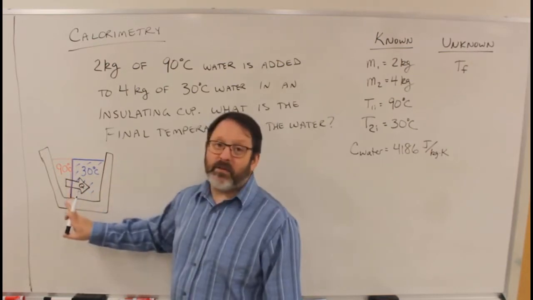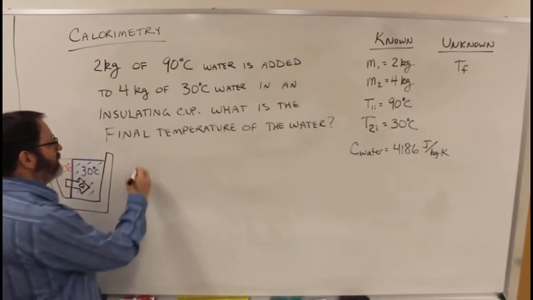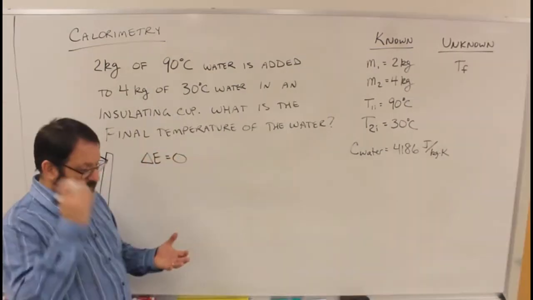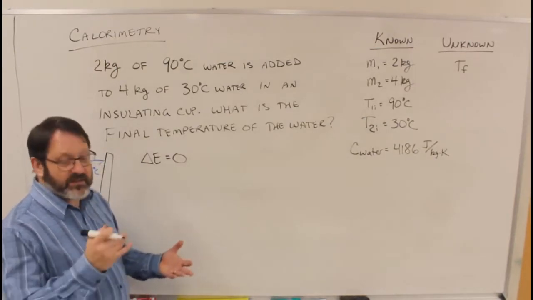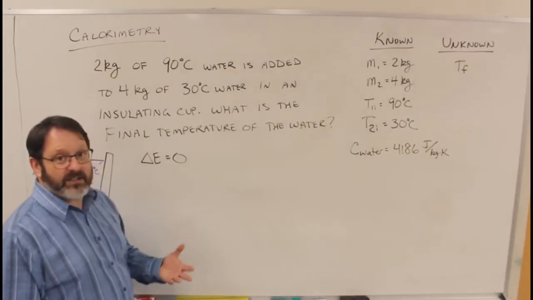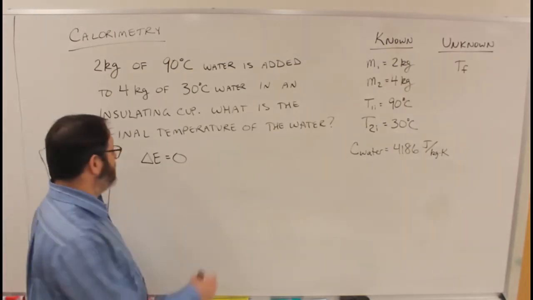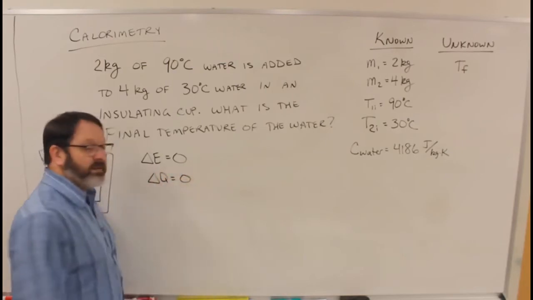And heat's a form of energy. It's a conservation of energy problem. So the change in energy is zero. We don't have to worry about gravitational potential energy, spring potential energy, kinetic energy, nothing like that. The only form of energy we're dealing with here is heat. So the change in energy is also the change in heat.